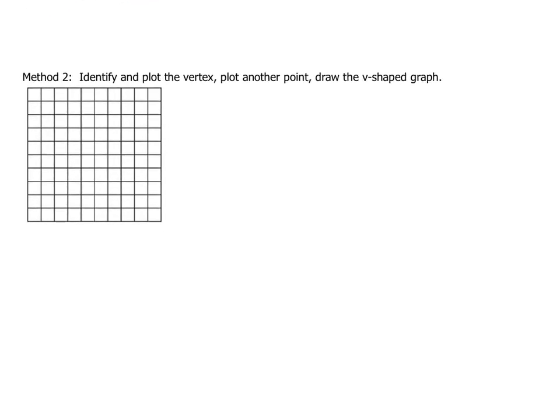Identify and plot the vertex. So what do we know about the vertex? From the picture up above, we have the g of x function equals -2 times the absolute value of x minus 1, plus 3. There's a lot of stuff happening, but basically the parent function is the absolute value of x.